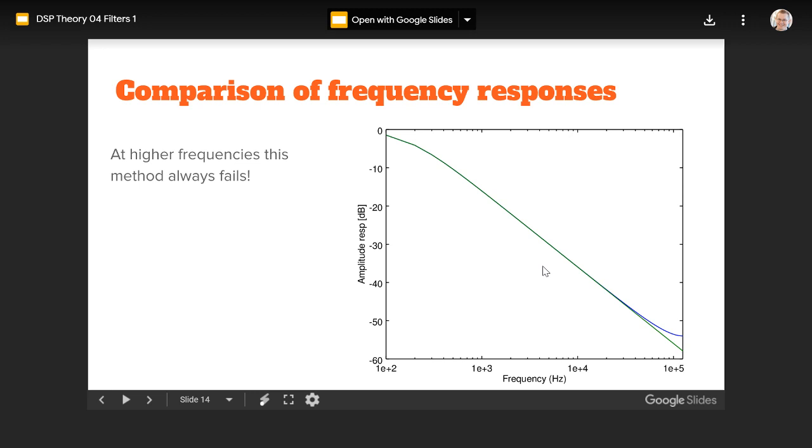Although if you wait enough, meaning you have a fast enough sampling rate, it can give you a pretty good approximation. It always fails, but it's a straightforward way to start analyzing systems.